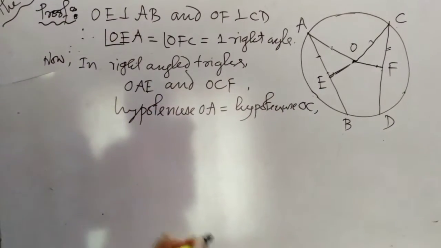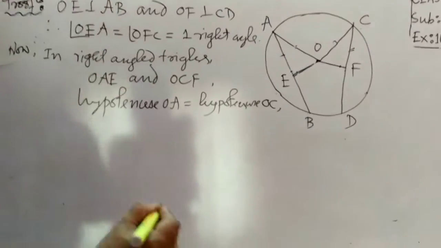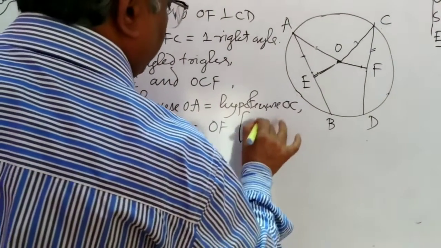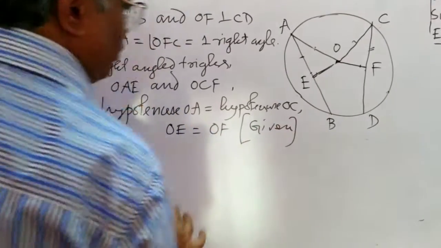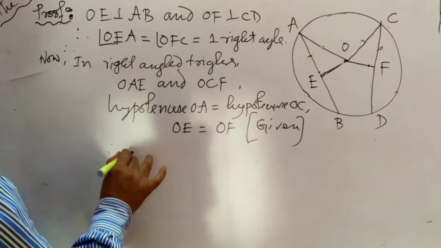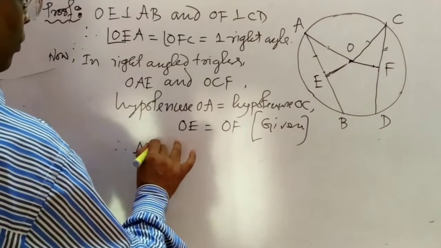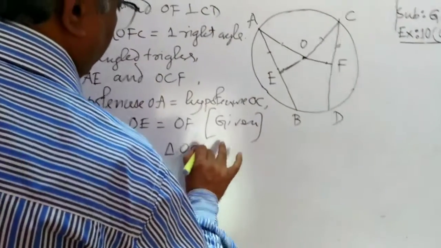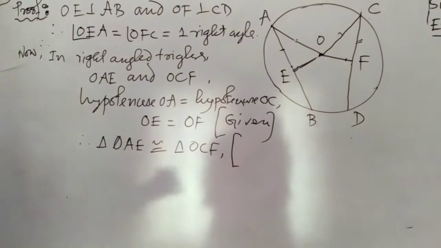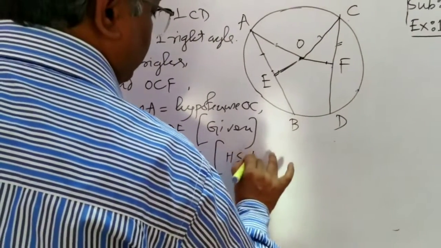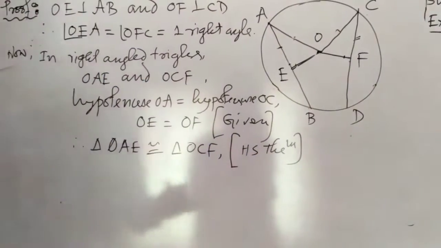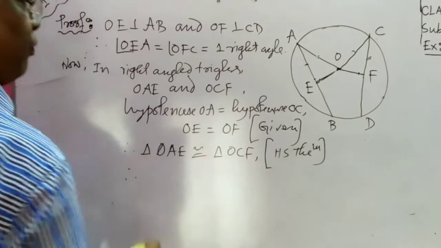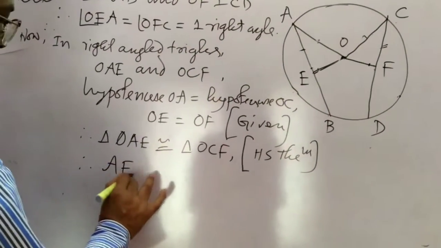Side note, radius of same circle আগের মতই হবে. Here OE equals OF, it is given. So HS, therefore triangle OAE congruent triangle OCF, HS. Therefore, AE equals CF.